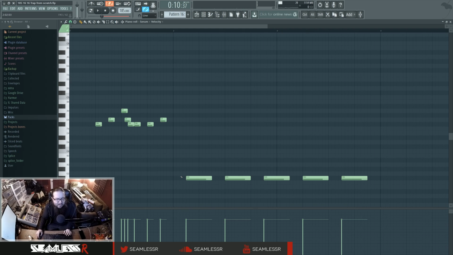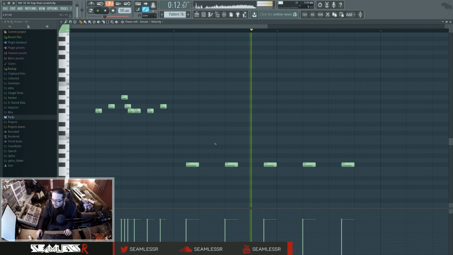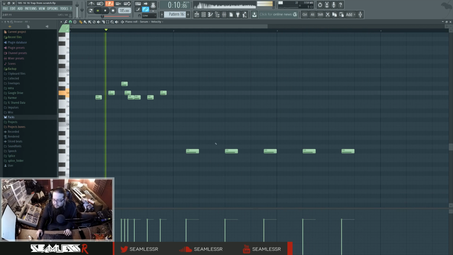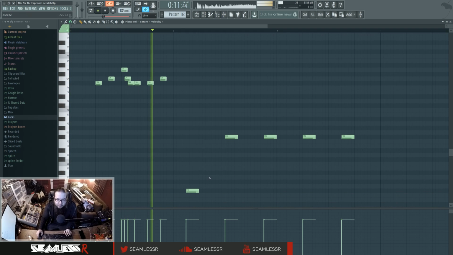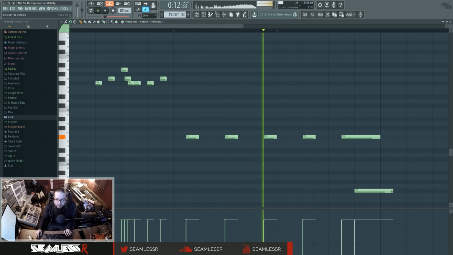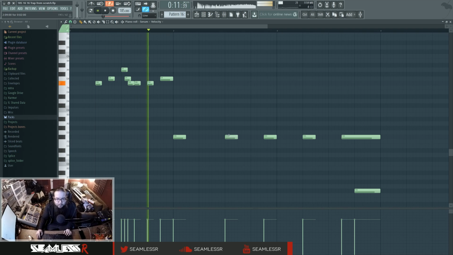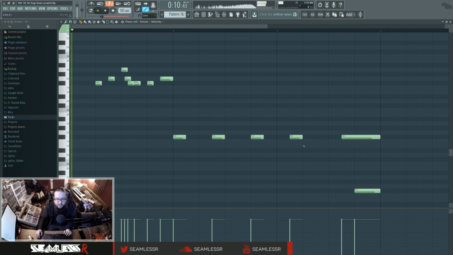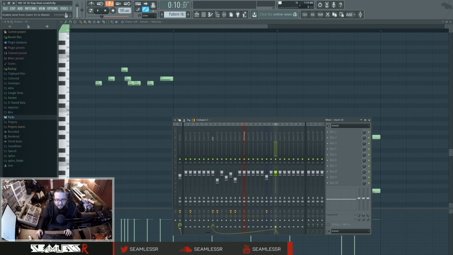I think it should be on the hit or like on the off, that kind of thing. First one have a little bit of tail to it because it gets hit by the side chain. Although I could probably make it not that hard in the side chain.